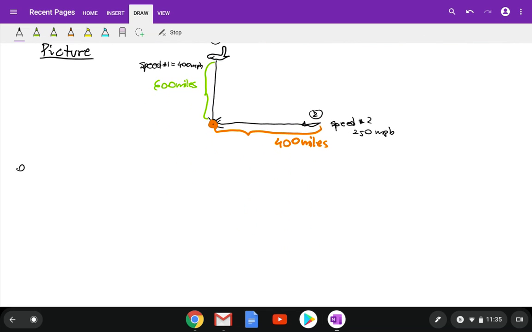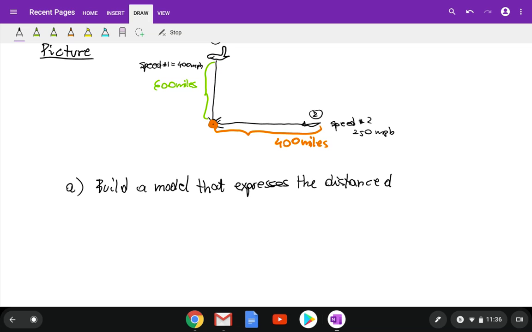A. Build a model that expresses the distance d between the planes as a function of time t.